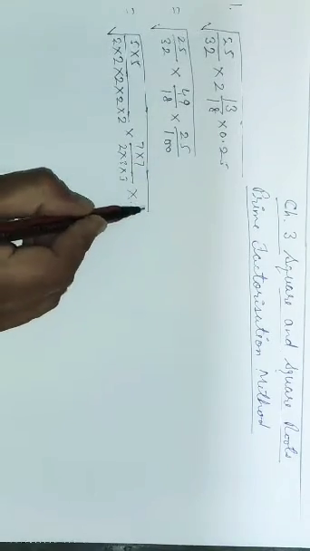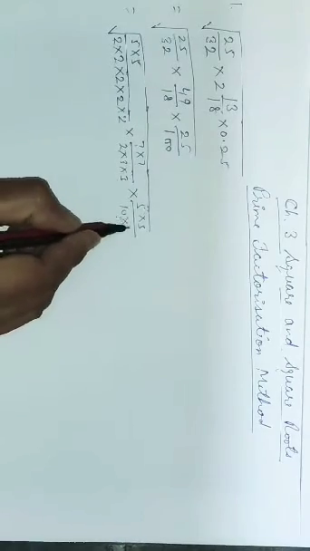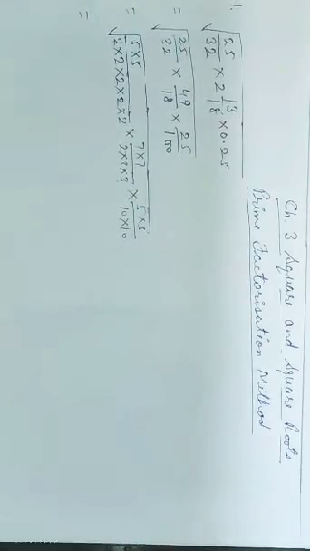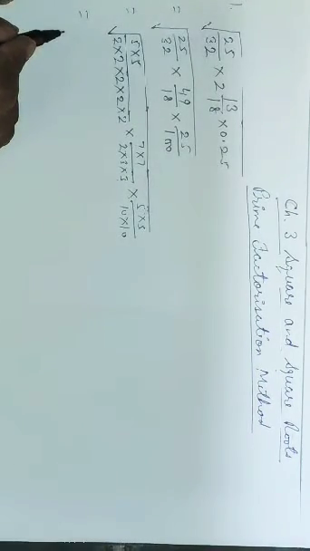Then 25, again 5 into 5. 100 is 10 into 10. Okay, so I have written all the numbers in the product of prime factors form.